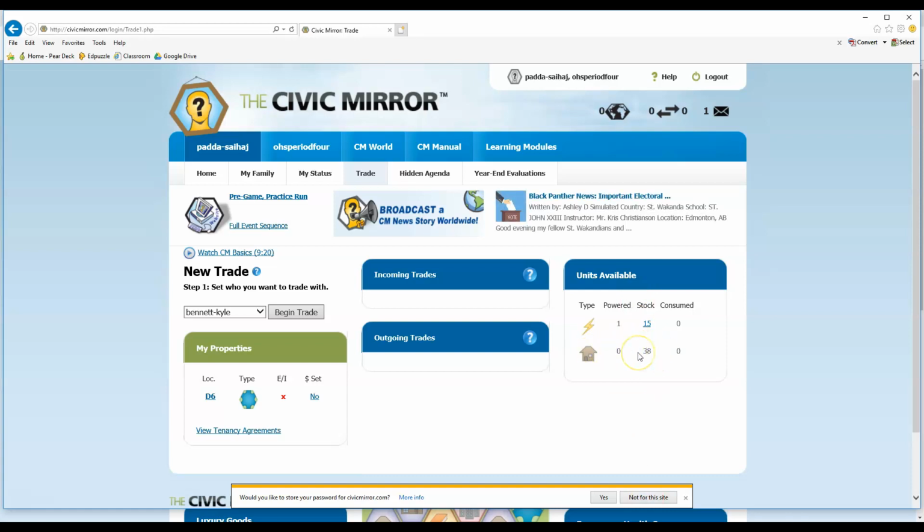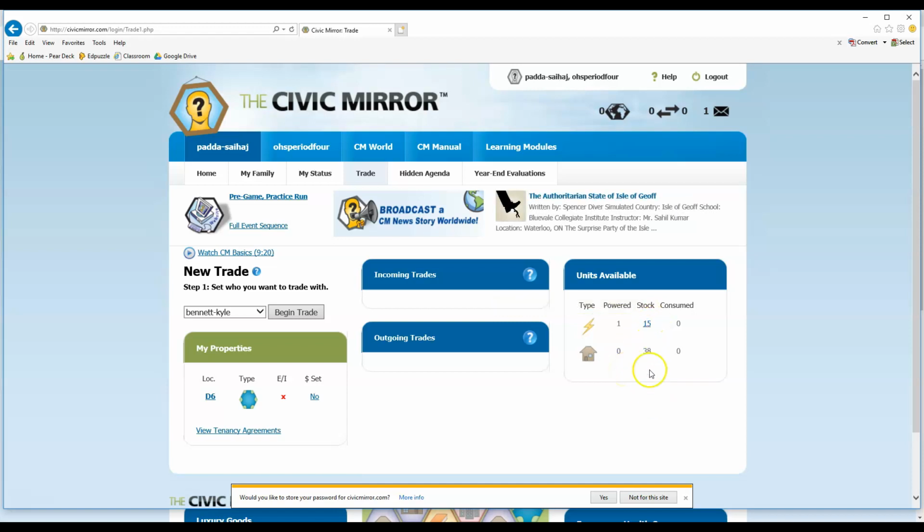So even if you rent an apartment from someone at this moment in time, it's not going to help your family because they're not powered. Again, don't ever rent anything from anybody if it hasn't been powered yet. That should be an agreement between you and your landlord. Right now, the only thing that's available is power. So basically only businesses and homeowners need to be making this trade.